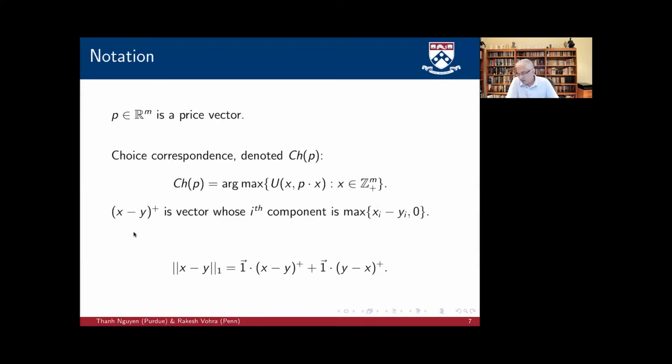Now, why am I emphasizing what is ostensibly a triviality? It's because this allows me to interpret the L1 distance between x and y in the following way.